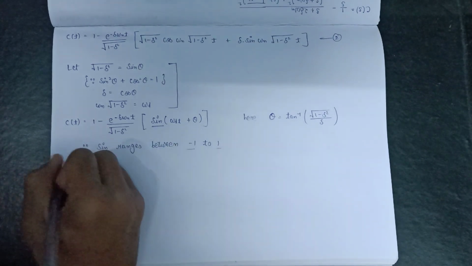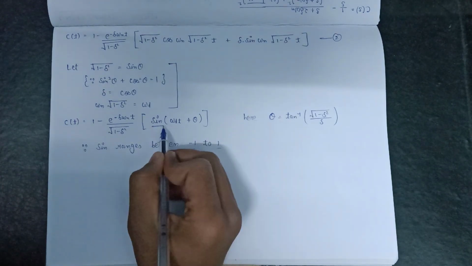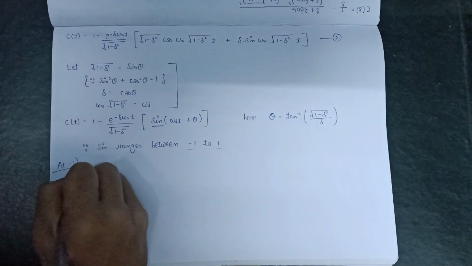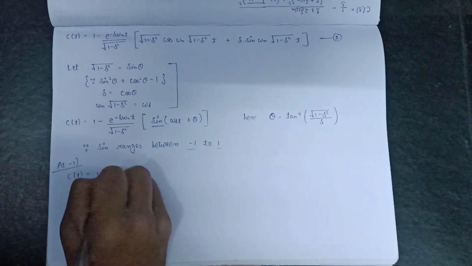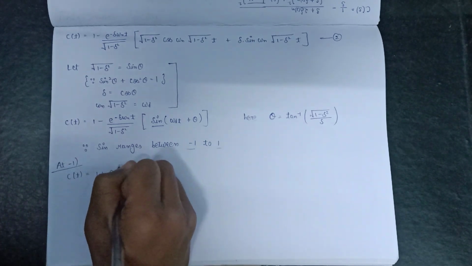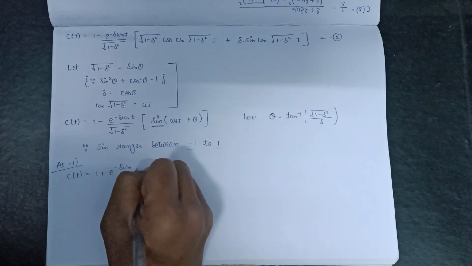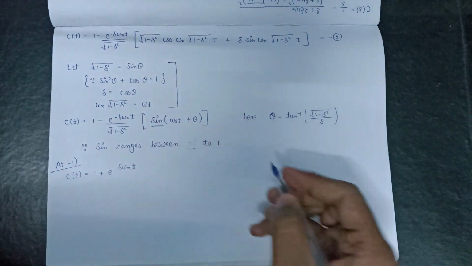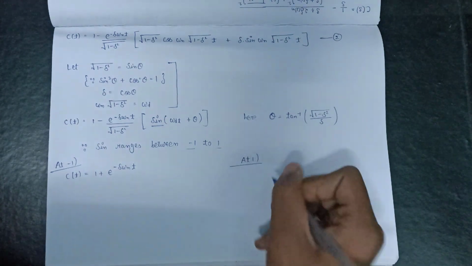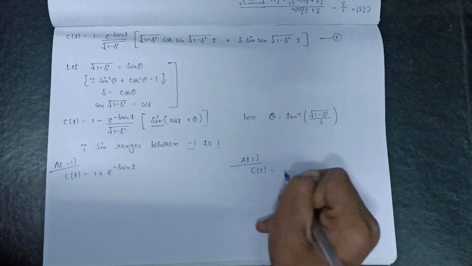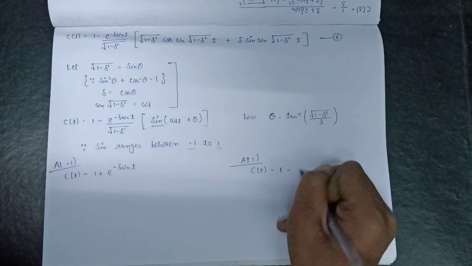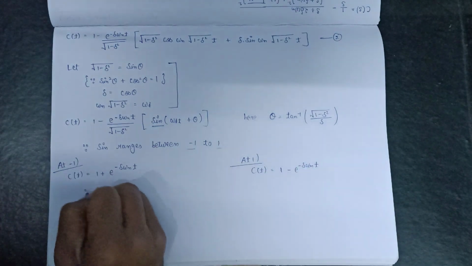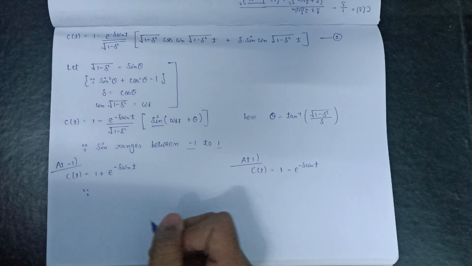That's why from this expression of c of t, if the value of the sine term is equal to -1, c of t will become 1 plus e to the power minus del omega n t, and if the value of this whole term becomes 1, then c of t will become 1 minus e to the power minus del omega n t, and we also know that exponential has value either 0 or infinite.